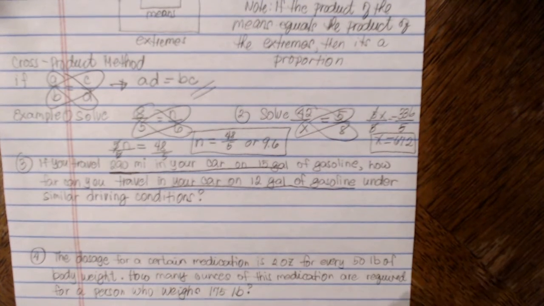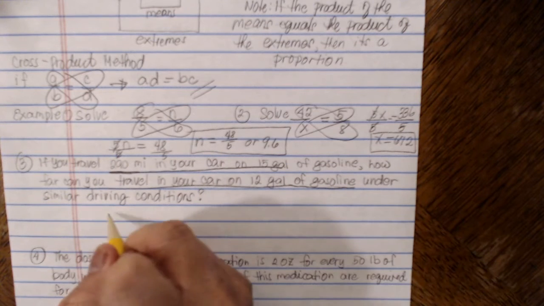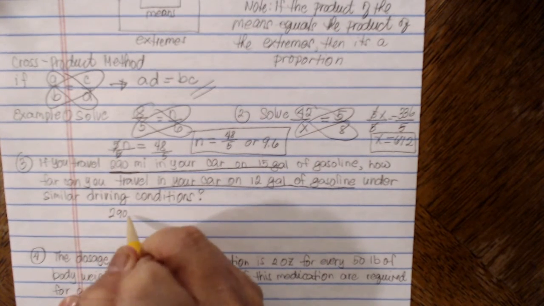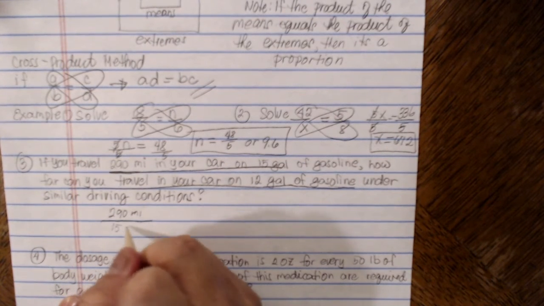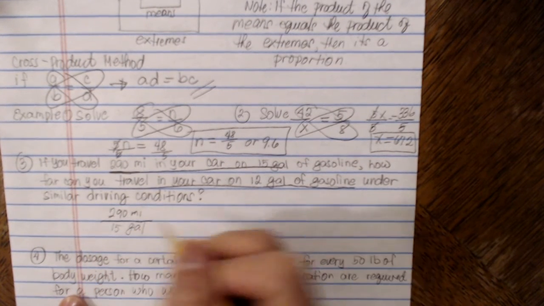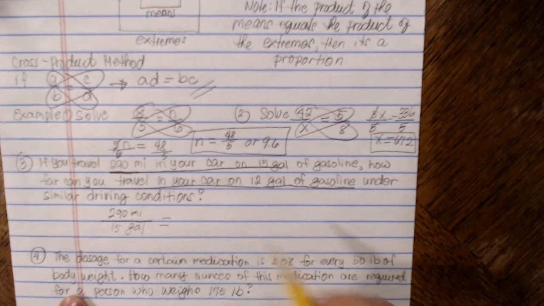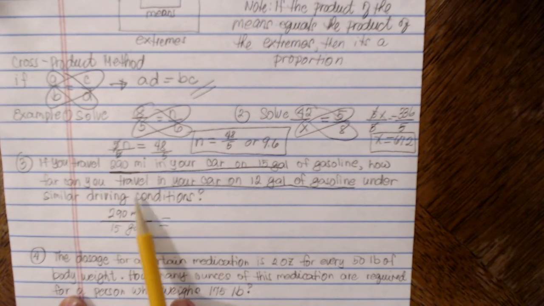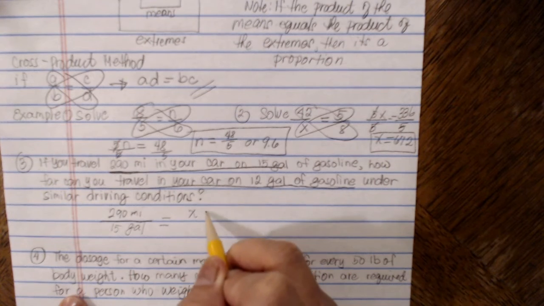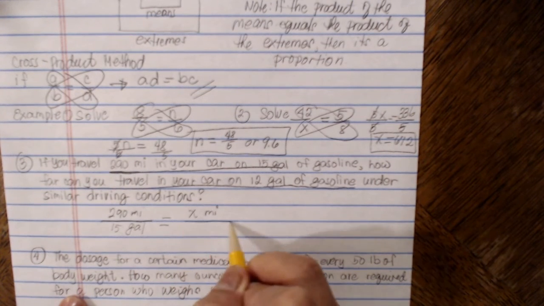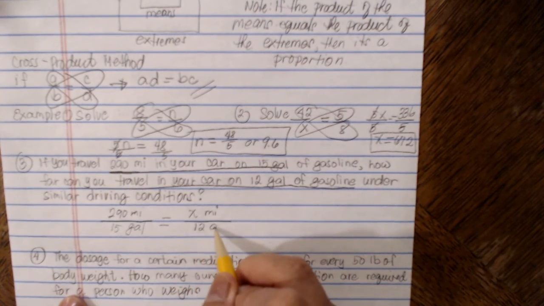So let's make a ratio. My first ratio would be 290 miles over 15 gallons. Then I'll set up how far can you travel in miles, because this is miles. So my second ratio will be x miles over 12 gallons.